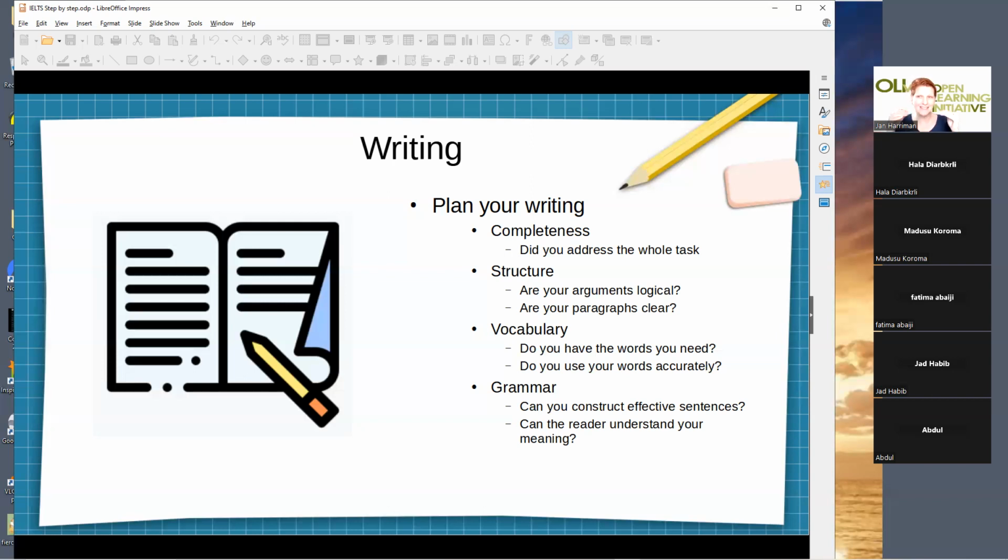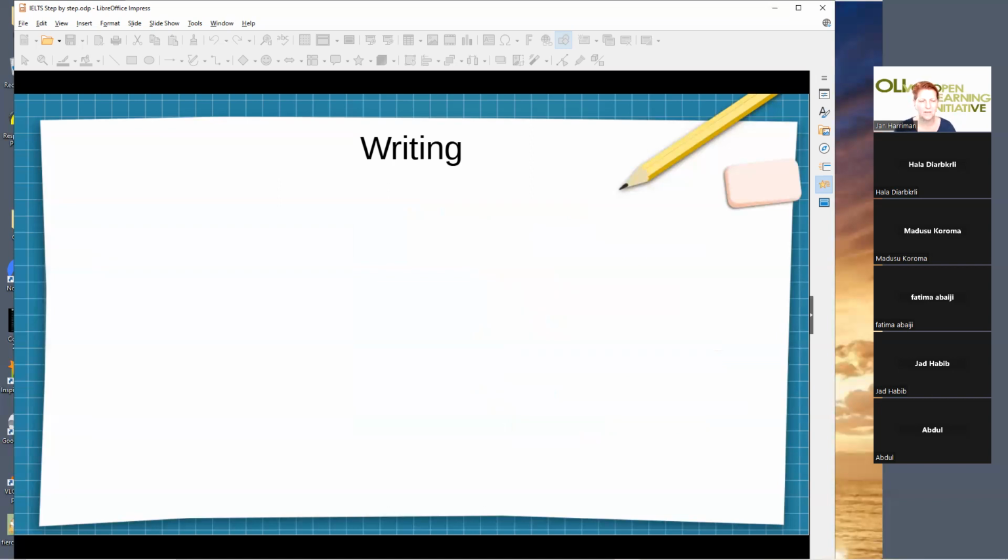By level 6, it's clear. By level 7, it's crystal clear with fewer mistakes. But even in band 8, there's still allowance for errors. But most important, this is a communications test. Can the reader understand your meaning? That's the most important part. All right.